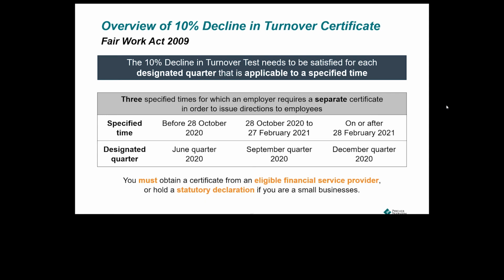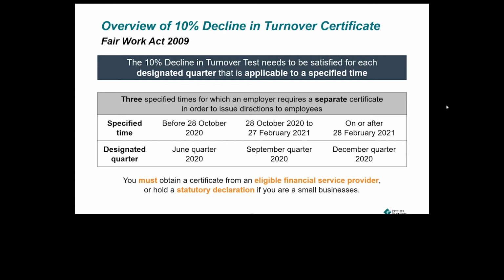So how does the 10% decline in turnover certificate testing work? It applies in respect of designated quarters that are applicable to specified times. So they are the designated quarters, and specified times are defined terms within the relevant provisions of the Fair Work Act.